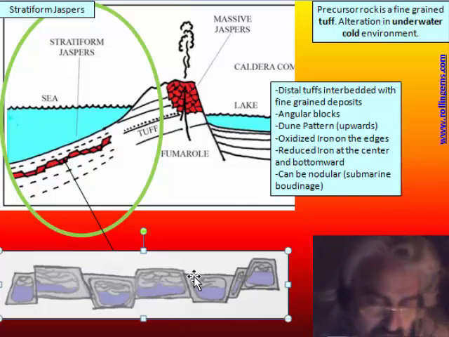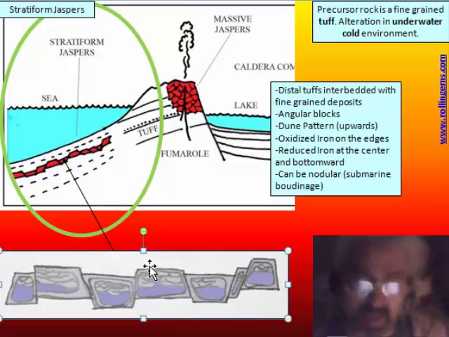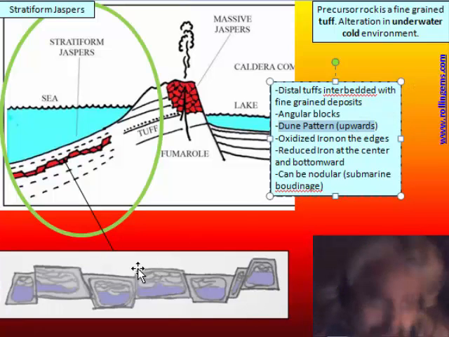So the fracturation is early, the hardness is early, and the fracturation is after. So all the coloration and the formation of the pattern is after the fracturation. The dune pattern is characteristic of this kind of jasper, and the oxidized iron is on the edge and on the uppermost part, and the reduced iron is in the center and near the base. And also they can be nodular.